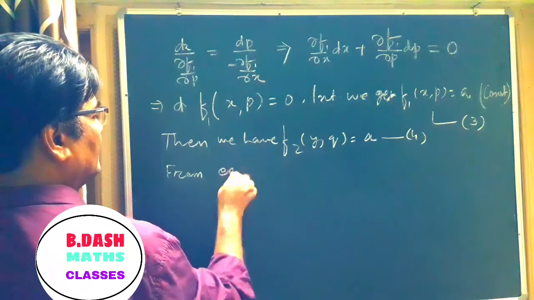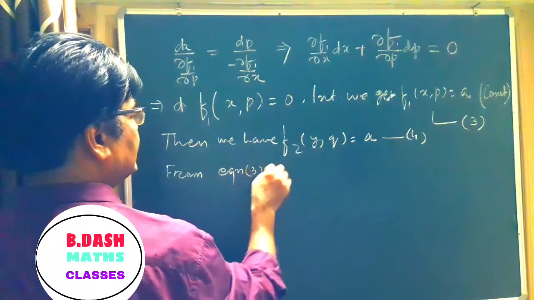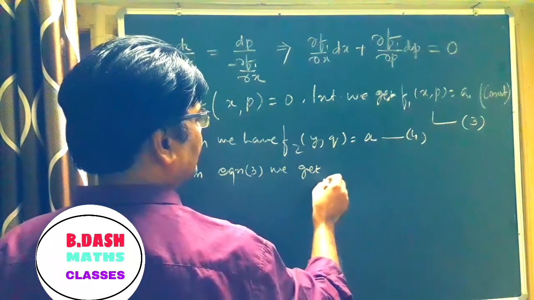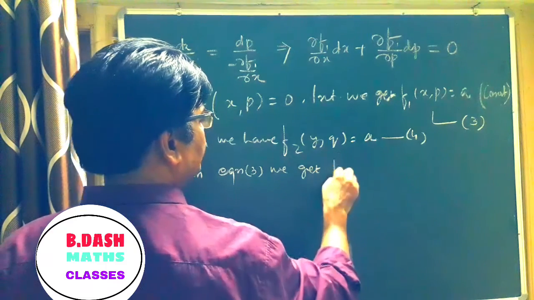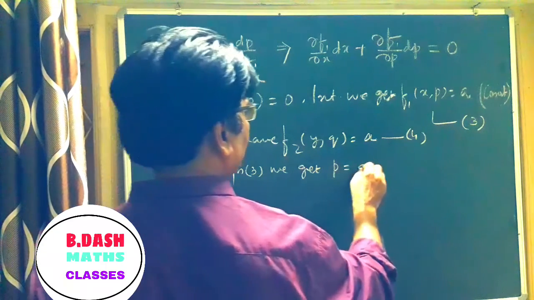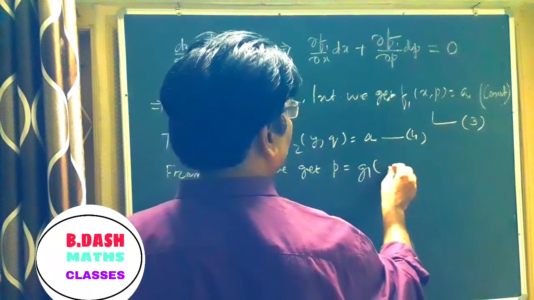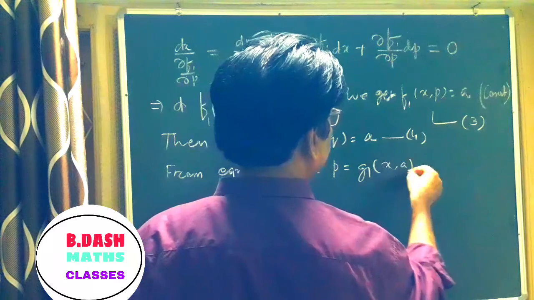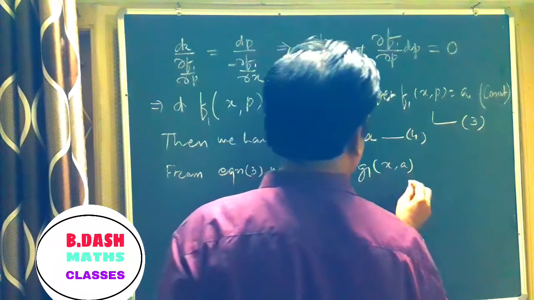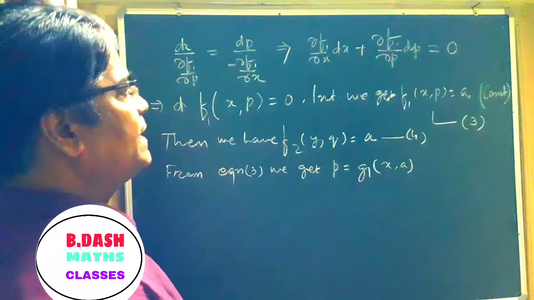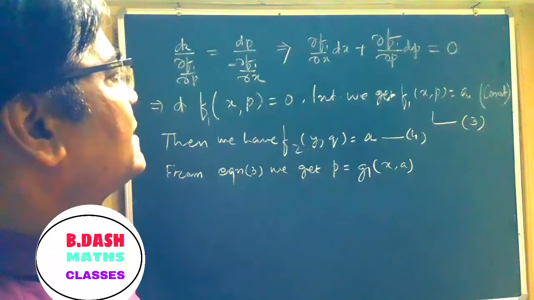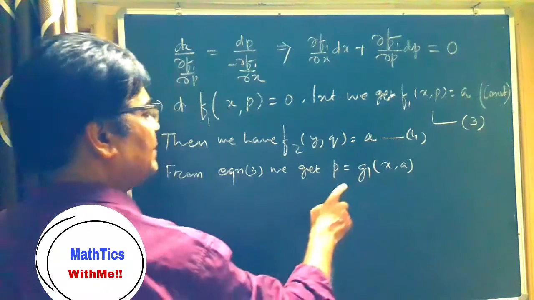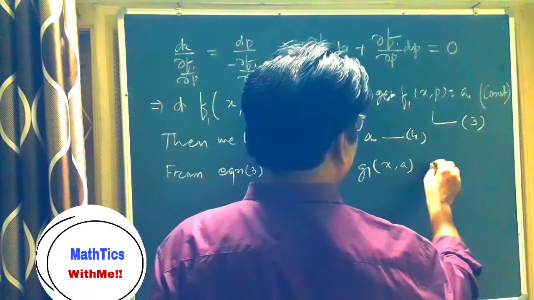From equation 3 we get p is equal to a function of x and a, because we are getting an expression for p containing a and x; we take that function as g1 of x, a.